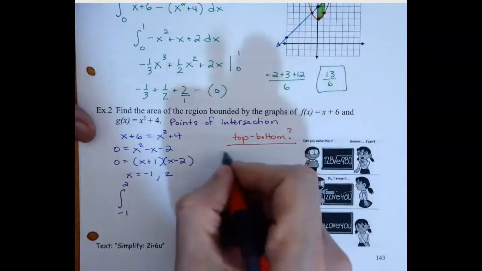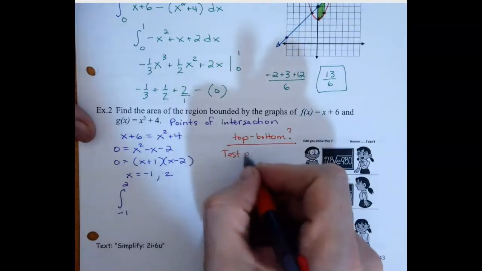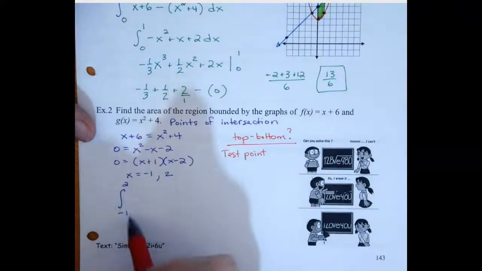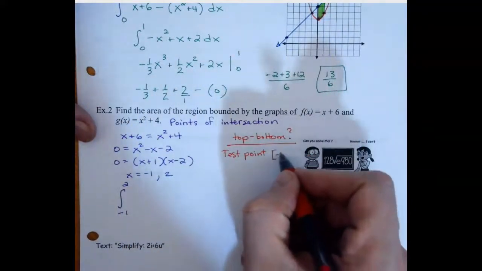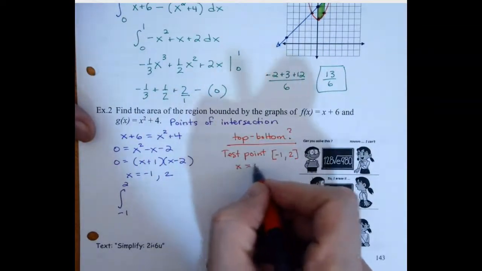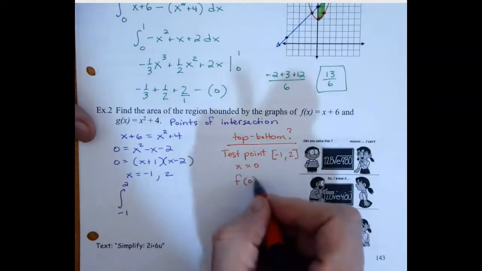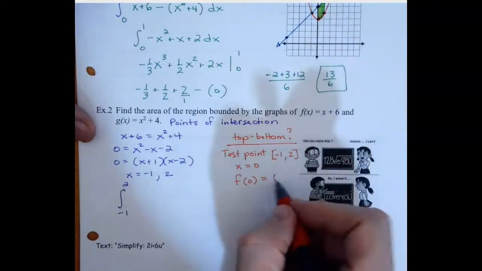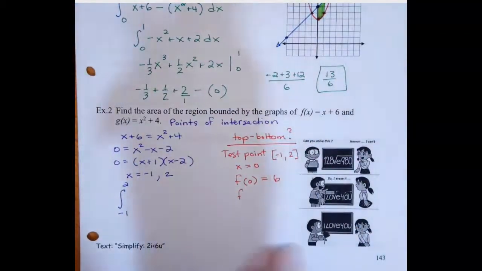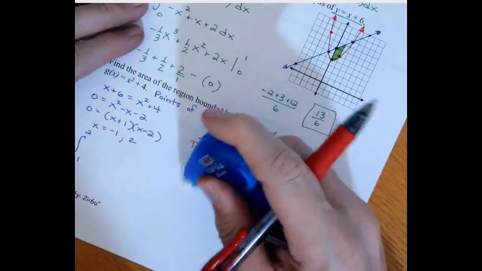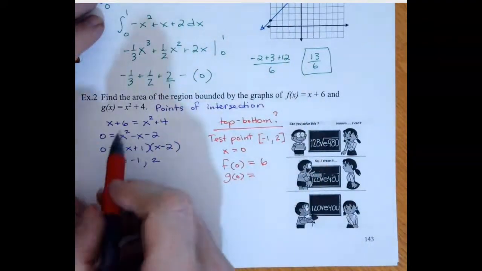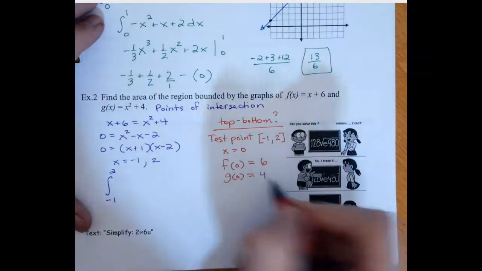So what we can do is use a test point. Okay, and we need a test point in this interval, so we need to be in the interval from -1 to 2. So let's try x equals 0. So if we put f of 0 in here, we get 6. And if we put g of 0, that's going to be 4.